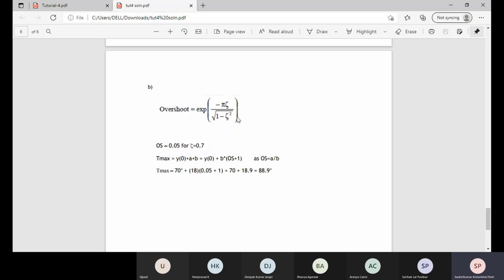Since zeta is given, we can calculate the overshoot, and on plugging in this value we obtain T max. B is nothing but the ultimate value, and the ultimate value we can find from the final value theorem. So T max is the steady state value plus this max value, the sum of this we obtain.